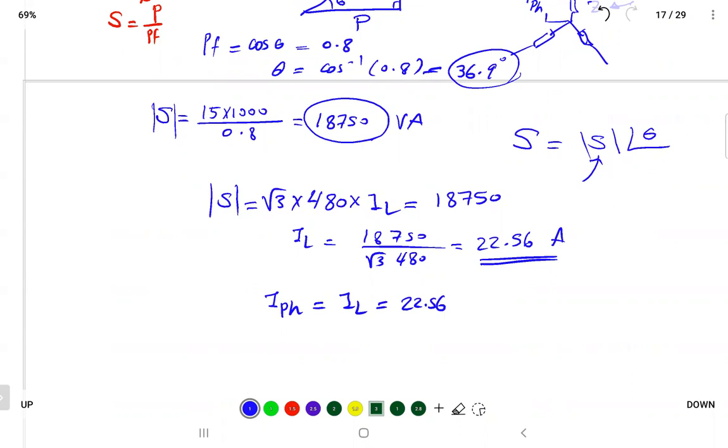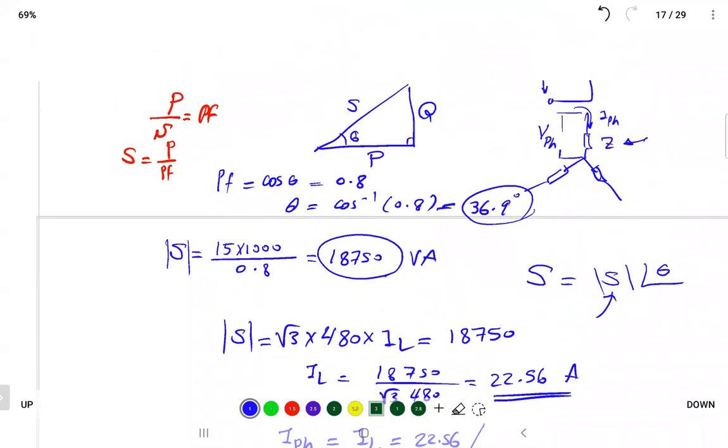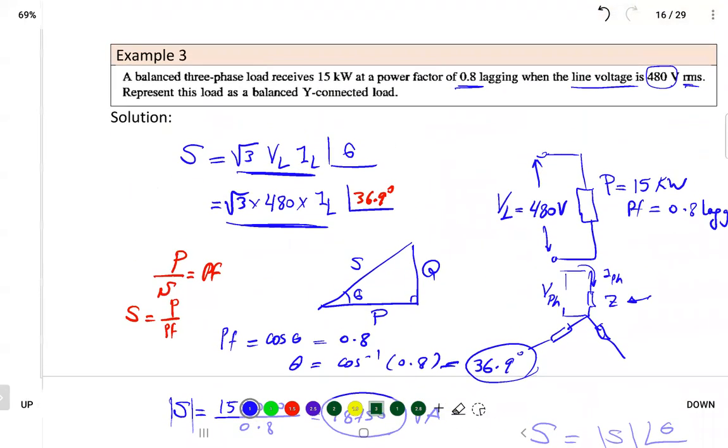So what is the angle of the current? Well, go back to this equation. We assume that the voltage is at angle 0, which is acceptable. You can assume any angle, which is 0. And we know theta, it's the difference between the voltage angle and the current angle.